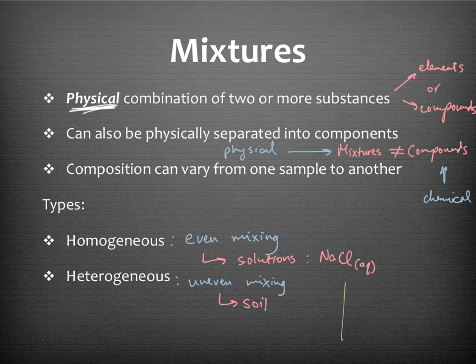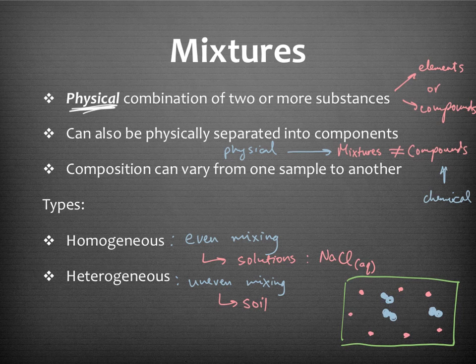Now what I'm going to draw here in this corner is what a particle diagram would look like for a mixture. And so you're just going to have a mixture of different elements, different compounds, etc. Could be like this. It's a mixture of different things.